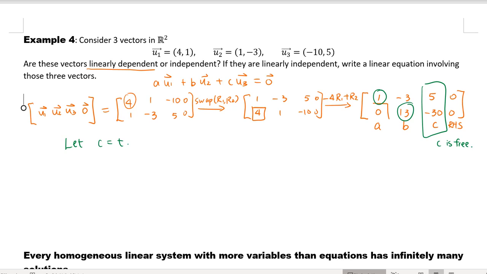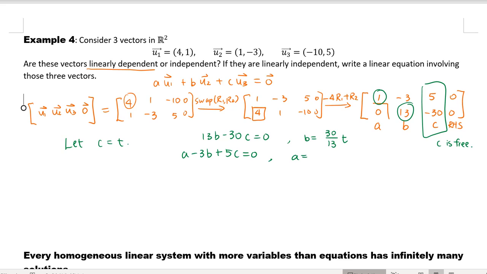The last row tells us that 13B minus 30C equals 0. So B is 30 over 13 t, since C is t. Then the first row tells us that A minus 3B plus 5C equals 0.